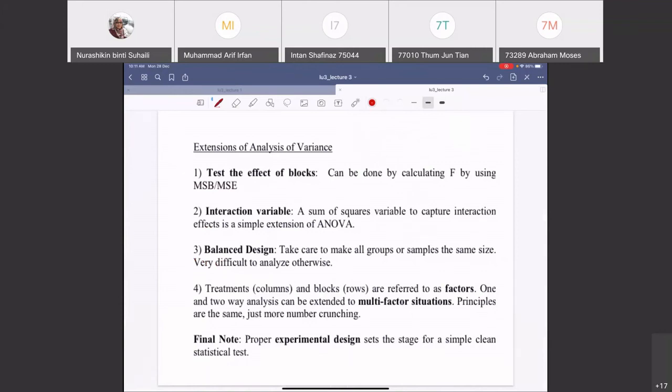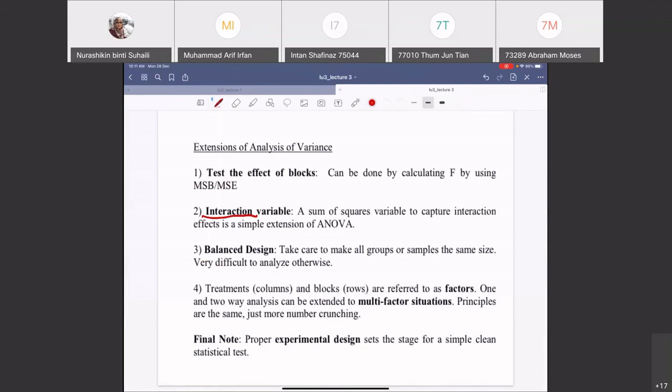So why, when you have the blocks, what is actually the importance of it? It is important because we want to know the interaction. This is what we call interaction. So when the blocks and the treatments intersect, you will know what the interaction is.